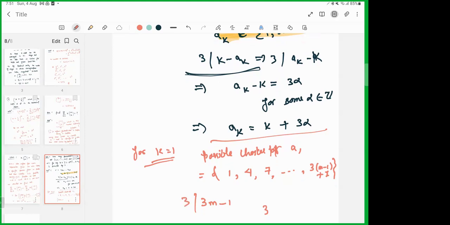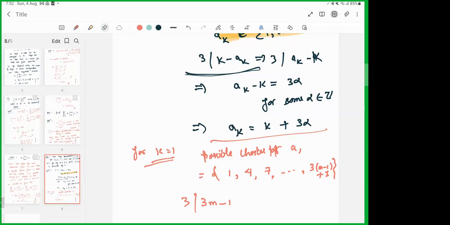But that is 3m, and that is not in the set? I can choose any number from 1 to 3m, so 3m minus 1 would be one of the possibilities for a1.